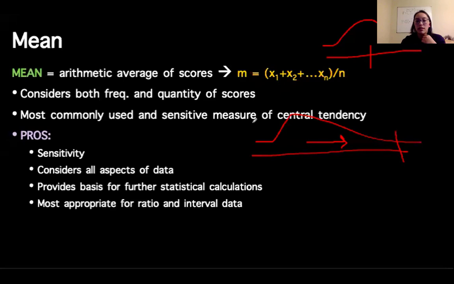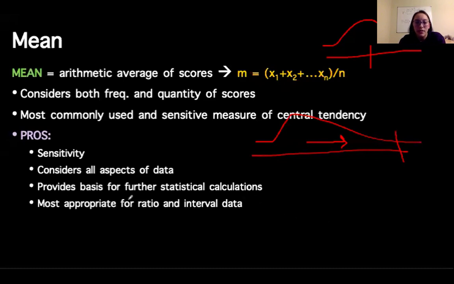So the mean is the central tendency calculation we'll be working with for the rest of the semester pretty much, with the exception of activities that ask you to calculate the mean, the median and mode, but past exam 1, we don't really look at the other 2.